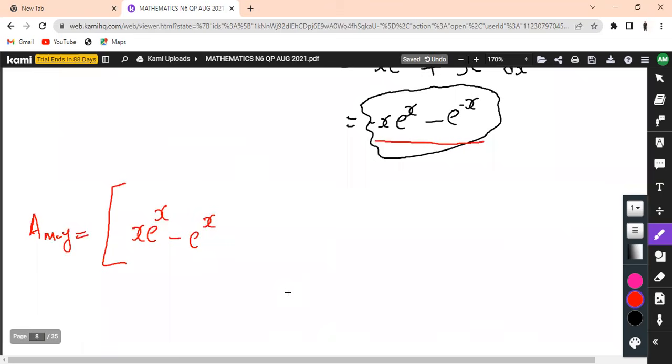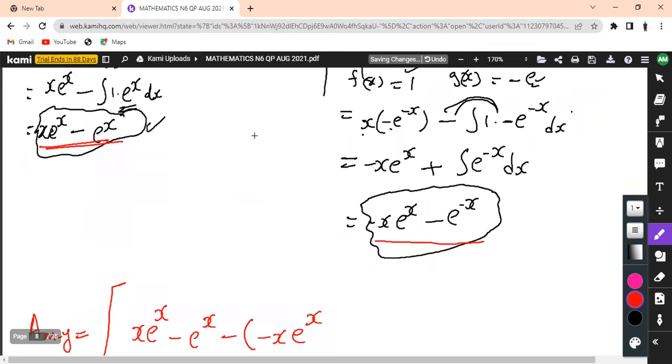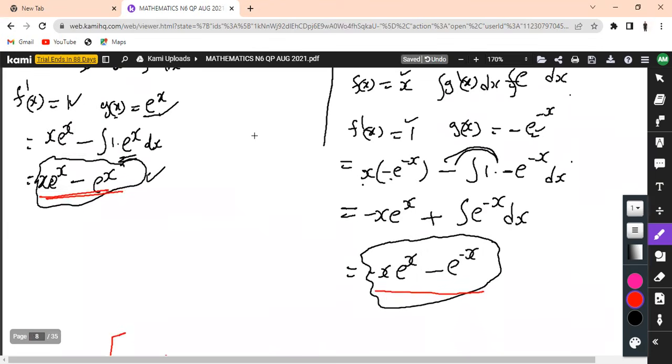So as we can see, if we are to subtract, let's just subtract this. So it's going to be minus x e to the exponent of minus x. This is not x, this is minus x, guys, here. As you can see, it was minus x here.